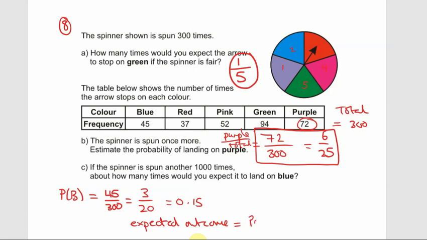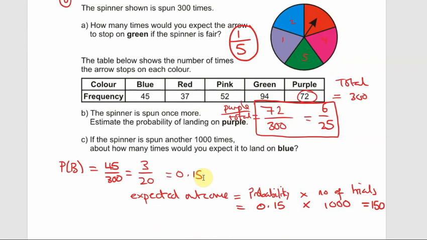It equals the probability times by number of trials. So that would be 0.15 times by 1,000 trials, and that's going to be 150. I'll do one scroll down to write the answer now. So that would be 150 times we'd expect it to land on blue. You could also just find 15% of 1,000. That would give us 150 as well.